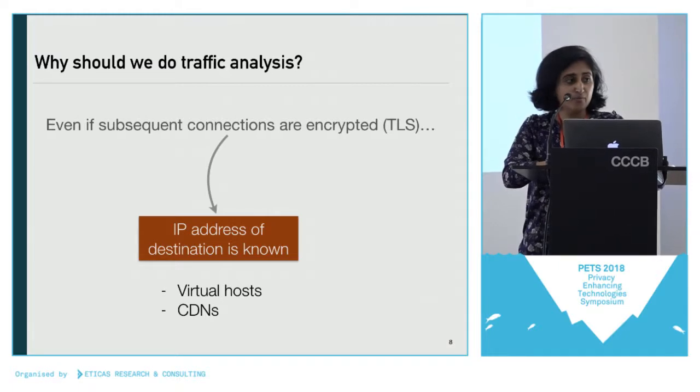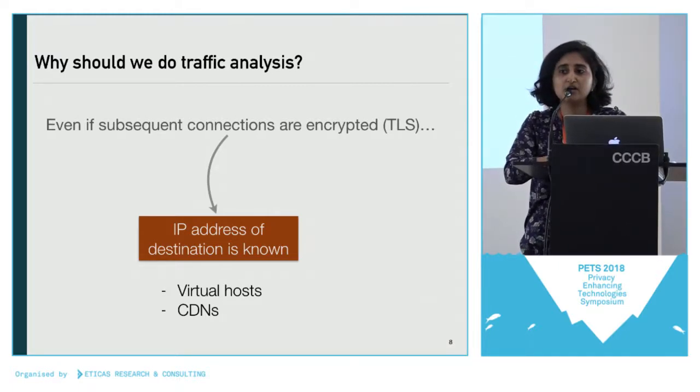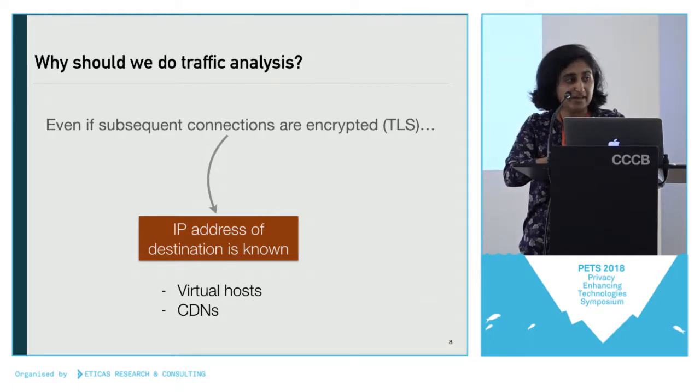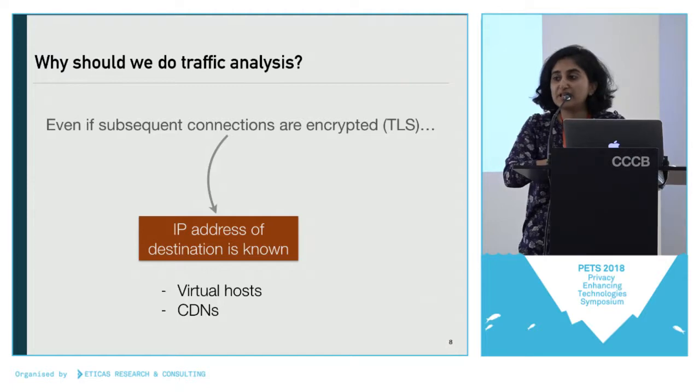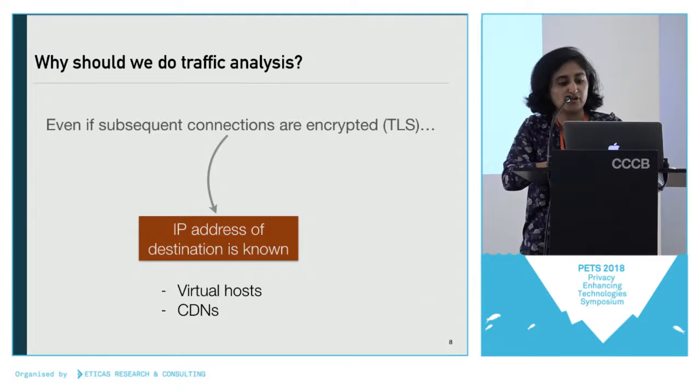While this may have been true before, now you have virtual hosts where multiple domain names could reside on the same IP address. So it becomes harder for an eavesdropper to figure out which domain name a client is interested in visiting. Another thing is that you have content delivery networks, or CDNs, which host resources, and often you might end up getting the domain name of the CDN, which is not very interesting from an eavesdropper's point of view.